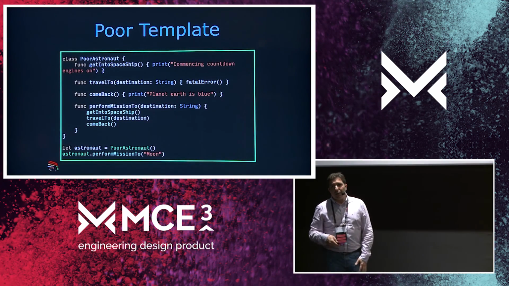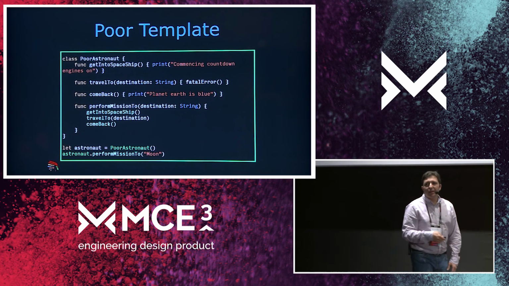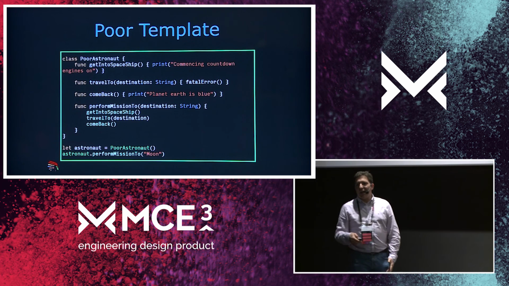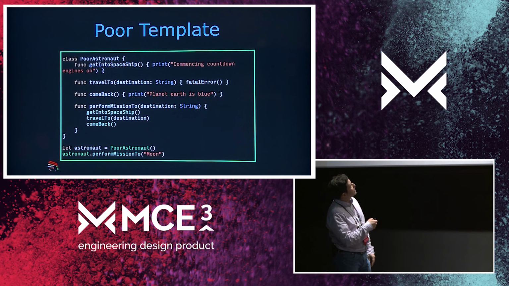Finally, we will have the template. For those coming from Java, you are probably missing abstract classes or abstract methods. And we don't have those in Swift, as you already know. So some people write code like this. When they want to create a mission of an astronaut, they do these three steps: get into spaceship, travel to destination, and come back.